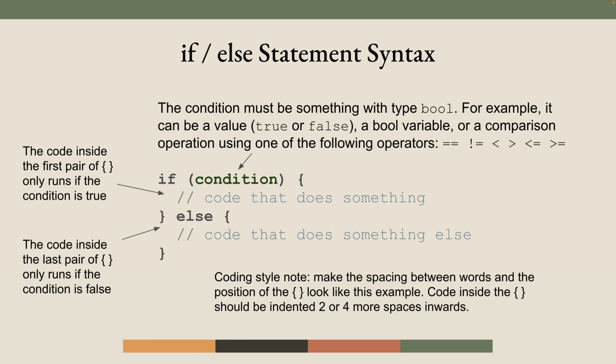The condition will either be true or false. If it's true, all the code in the first set of curly braces will run. Else, otherwise, if it's false, then everything in the last set of brackets will run. And again, only one of these two code segments will run. There's no possibility that both can run.